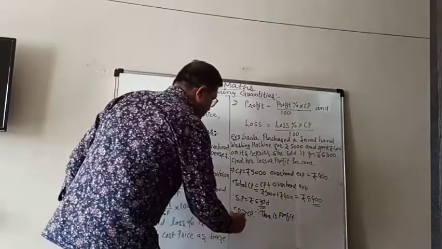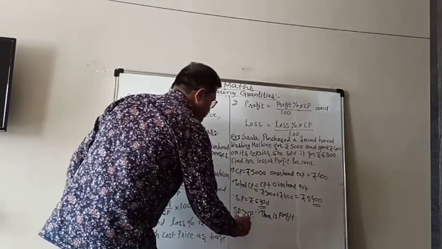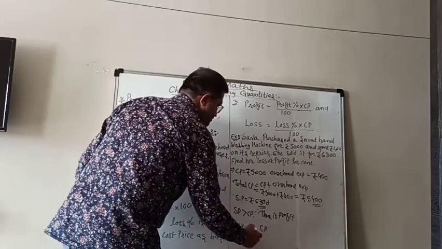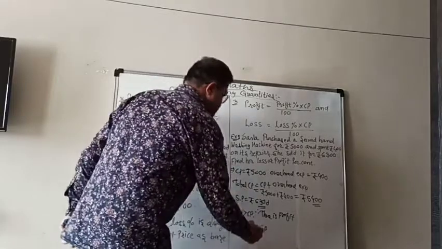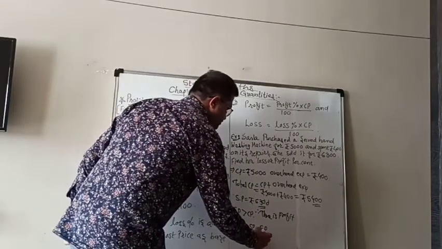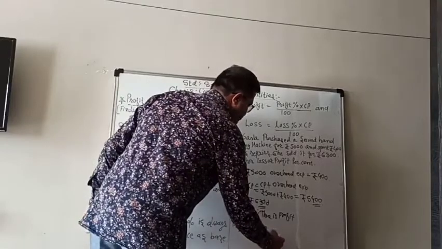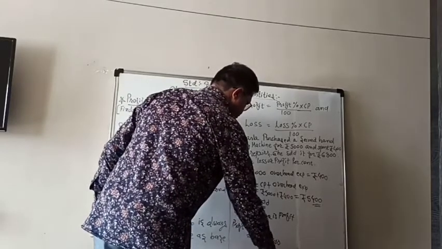So profit is equal to SP minus CP. So selling price is 6,300 minus cost price 5,400.